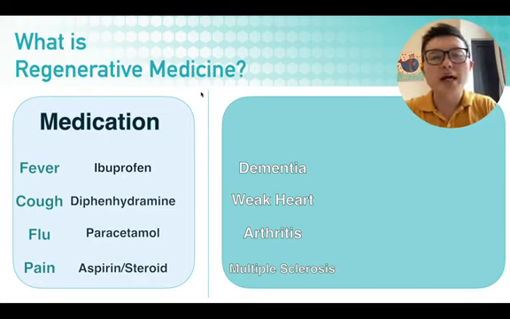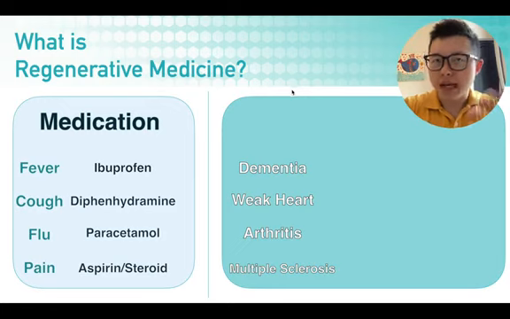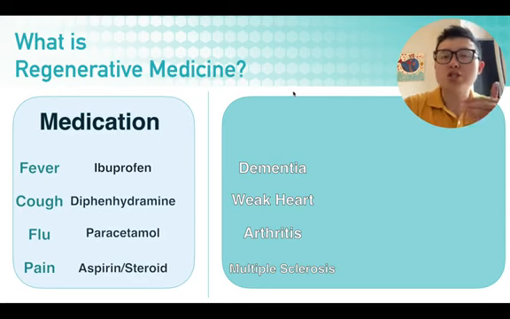We talk about dementia, we talk about your heart is very weak, we talk about arthritis, we talk about multiple sclerosis. If you go and talk to doctors, the doctor might answer you this way: I don't have a drug for your problem, I can't cure you with this, but I can only give you some medication that can slow down the deterioration process.